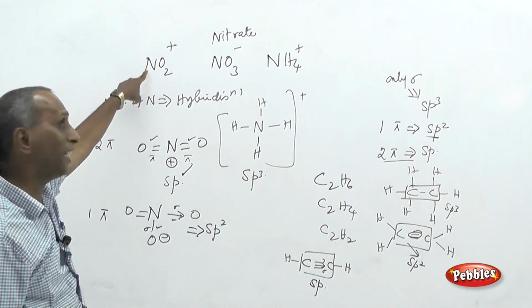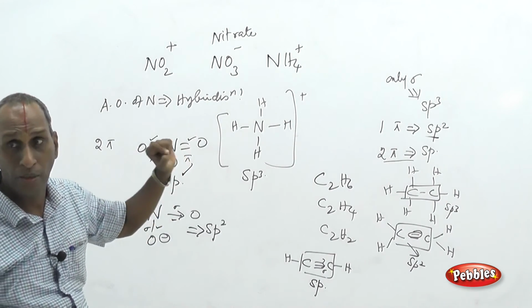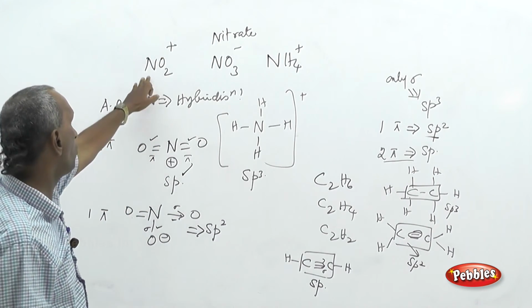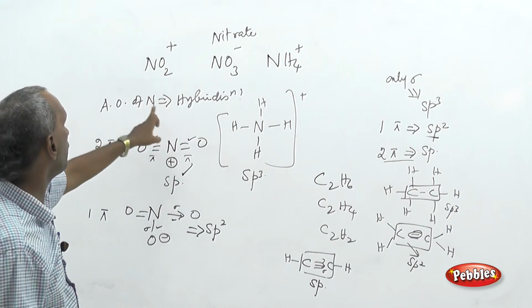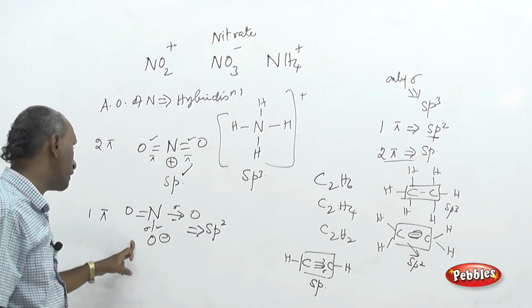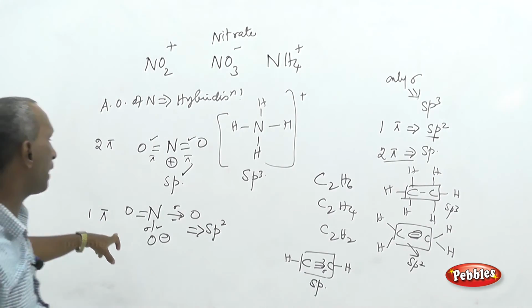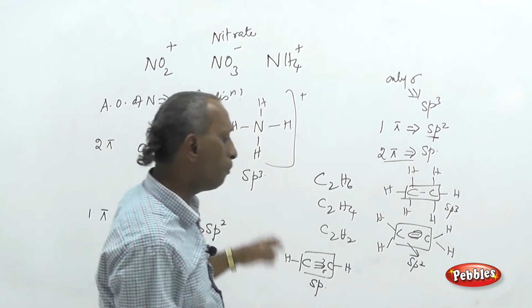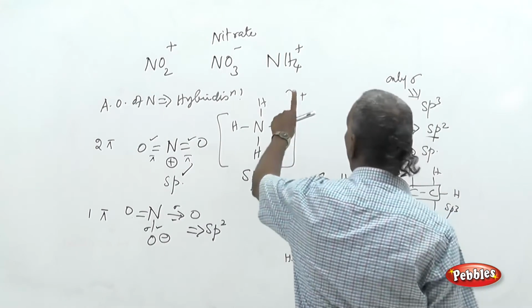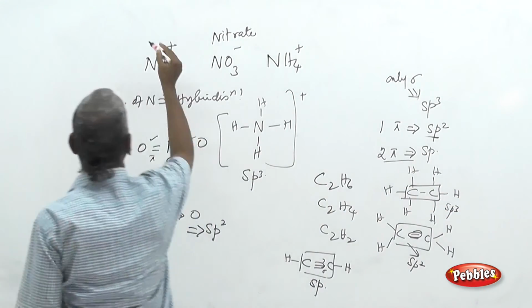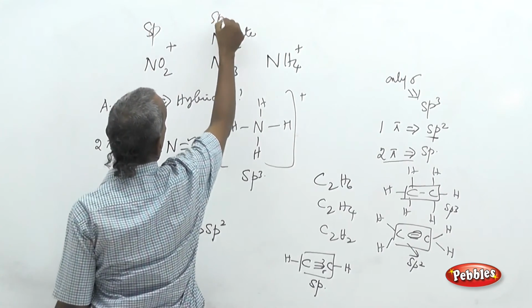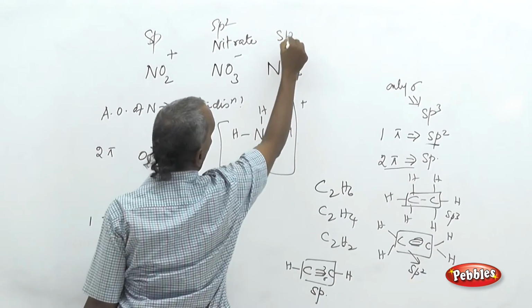It is not nitrosyl, NO plus means nitrosyl; NO2 plus is the NO2 cation. NO3 minus, the nitrate anion, is sp2. Ammonium ion is sp3. So the correct order of hybridization is sp, sp2 and sp3.